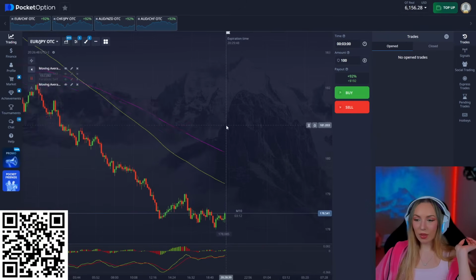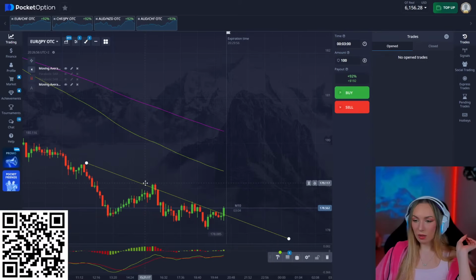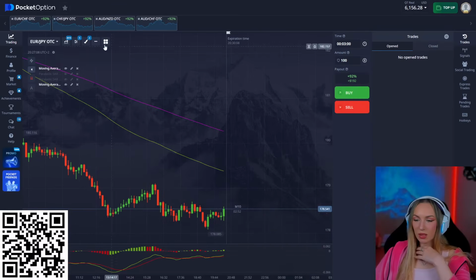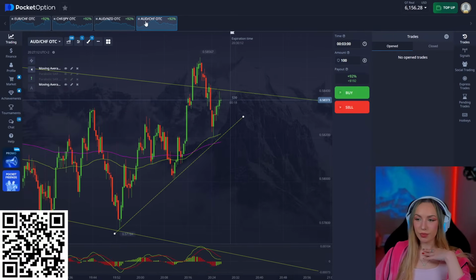We need something with a super clear structure. Maybe, by the way, Euro/JPY. But I don't clearly see the resistance, to tell the truth. I wouldn't say it has a super clear structure.